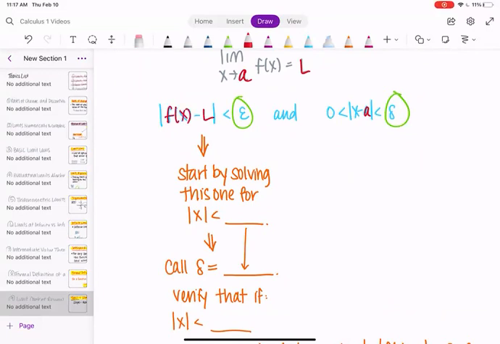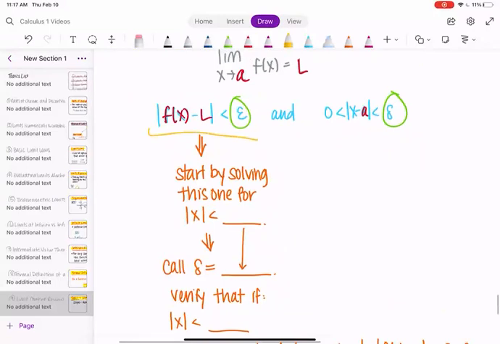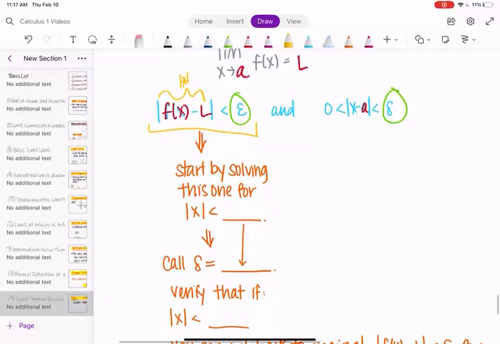But when you simplify everything, you're going to start by looking at this function here, right? You're going to start by considering this one, and you're going to try to simplify this piece to just get the absolute value of x minus a. So once you get the absolute value of x minus a is less than whatever you needed to do to epsilon to make that happen, you're going to set whatever that epsilon combination is equal to this delta value over here.